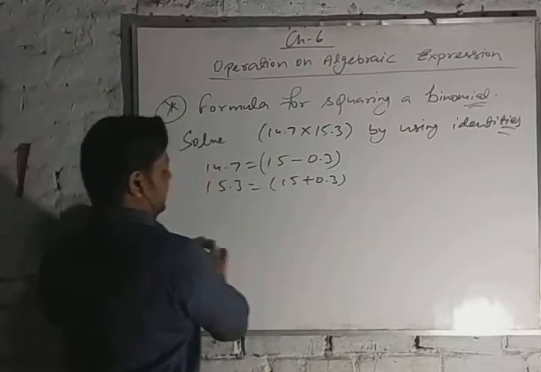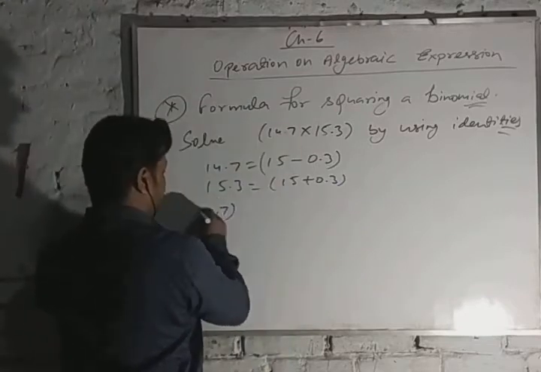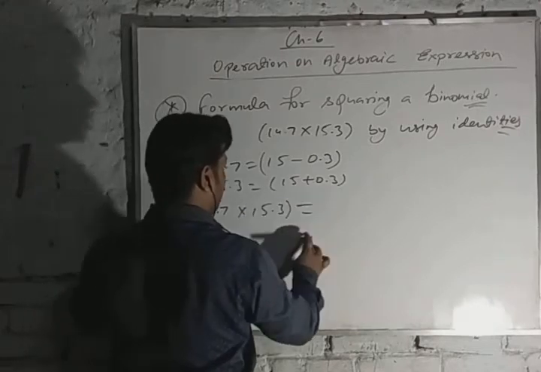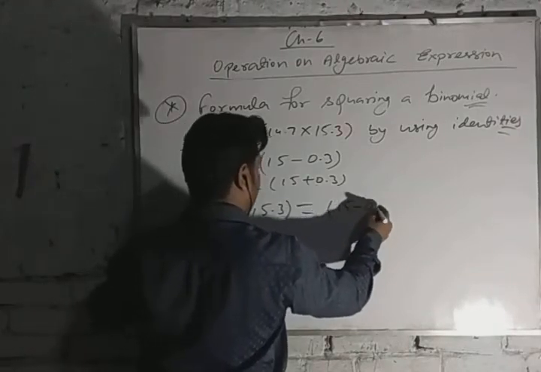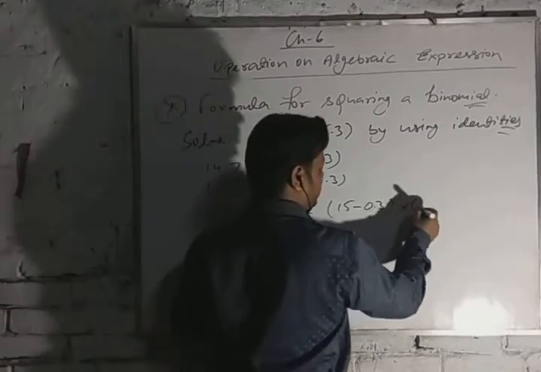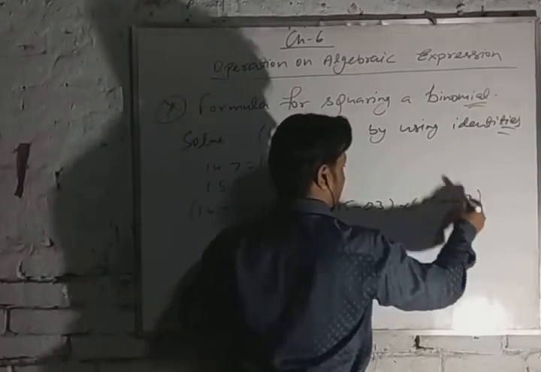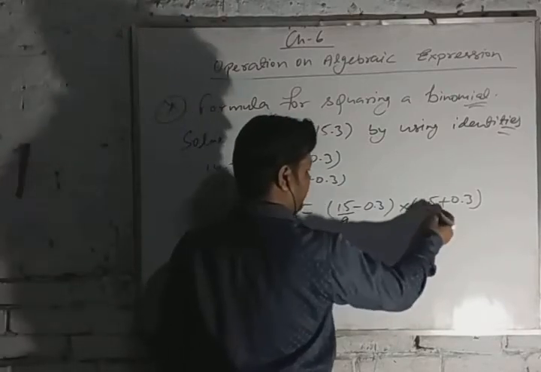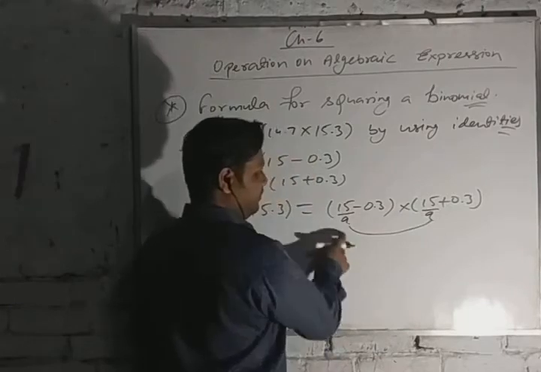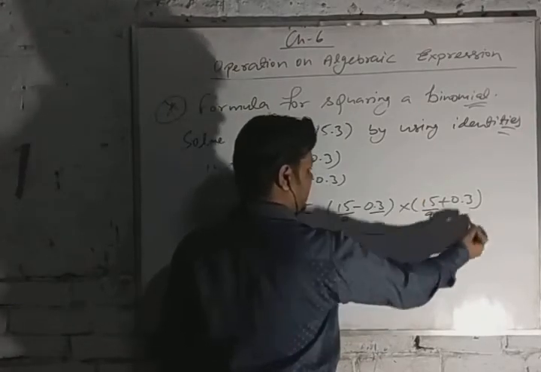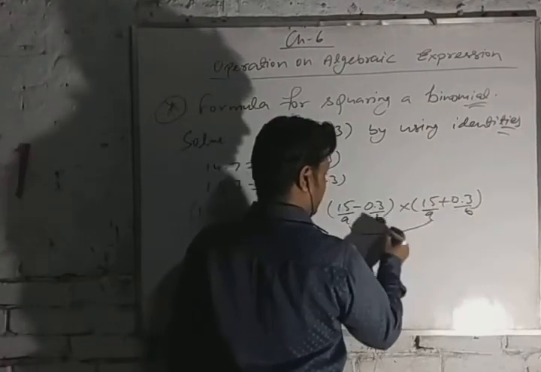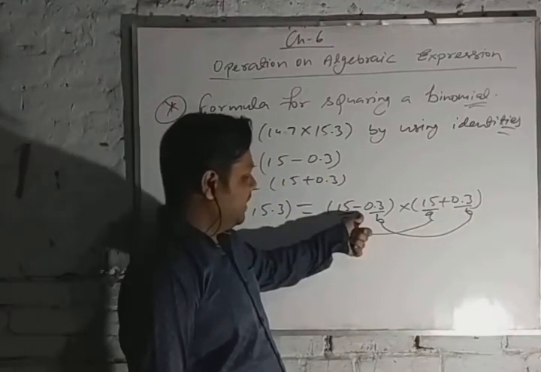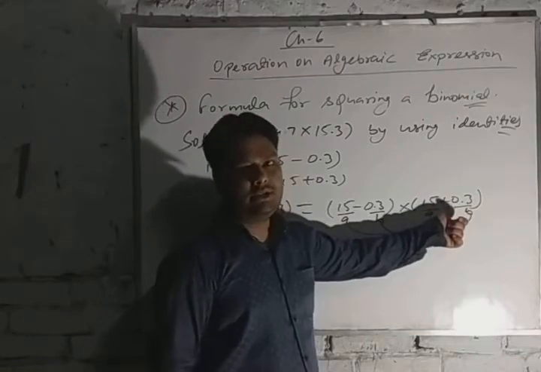It means we can write 14.7 into 15.3 is equal to 15 minus 0.3 into 15 plus 0.3. Now you can see here, first term A, here first term A, both are same, both are 15. Second term B, second term B, again both are same. But here in between is a minus sign and here in between is a plus sign.